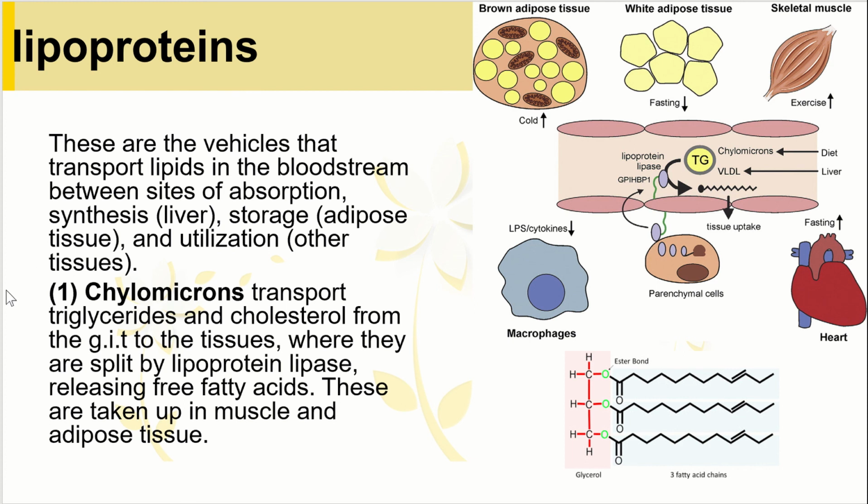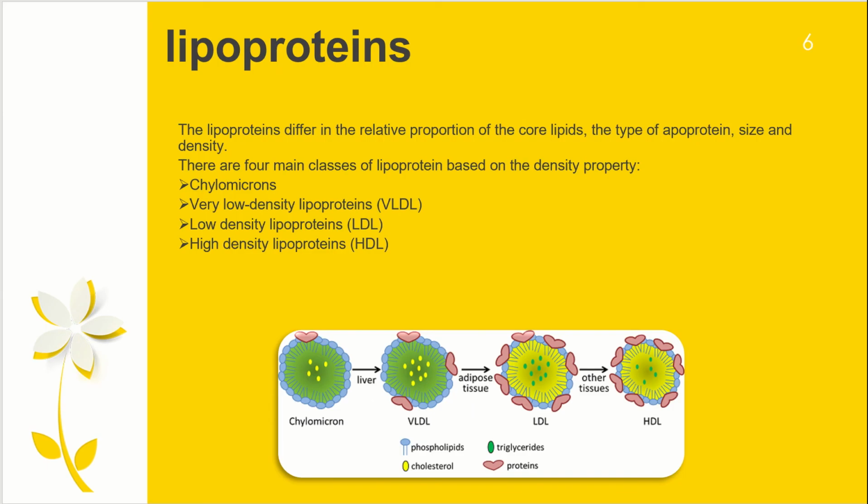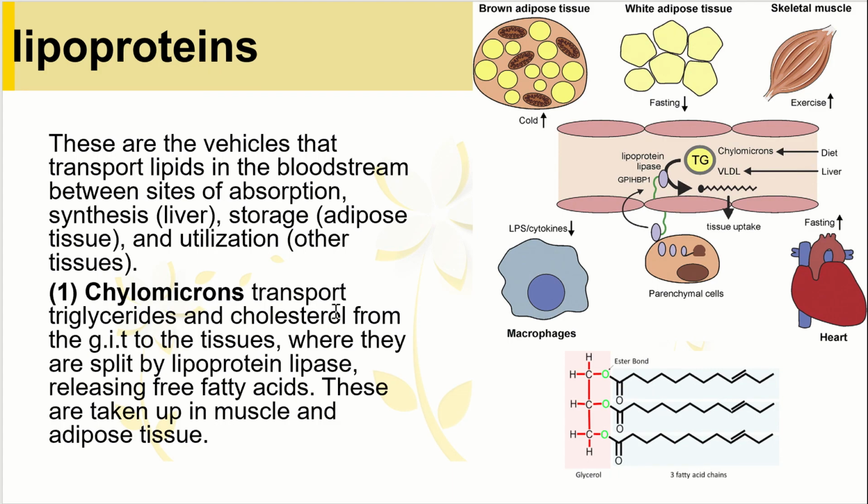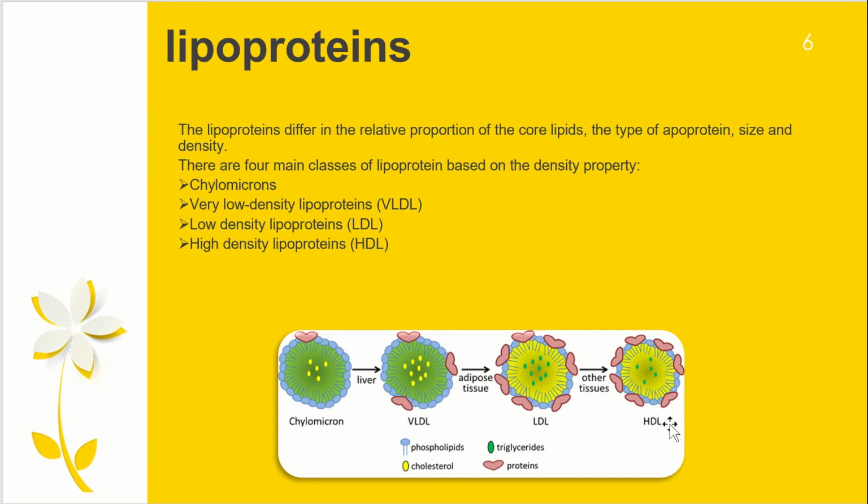So we're going to speak briefly about these lipoproteins. Your chylomicrons, which is the first one that we spoke about here, transport triglycerides and cholesterol from the GI tract to the tissues. As we see here, and I'll keep going back to this image, the majority of the chylomicrons are triglyceride, and to a lesser extent cholesterol.